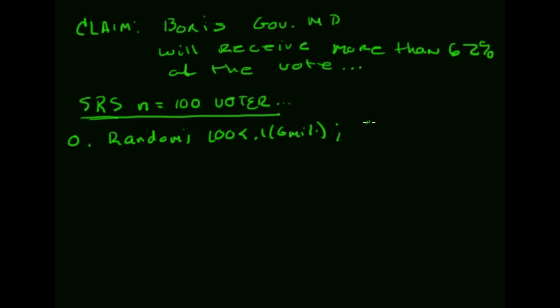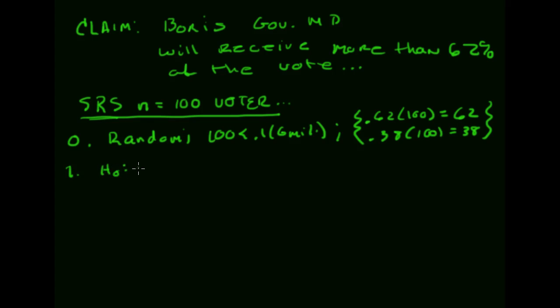I'm saying 62%, so 0.62 times 100 gives me 62, and 0.38 times 100 gets me 38. So I have met the large counts condition. My plan to take a sample of 100 voters and see if they're going to vote for Boris is a good plan.